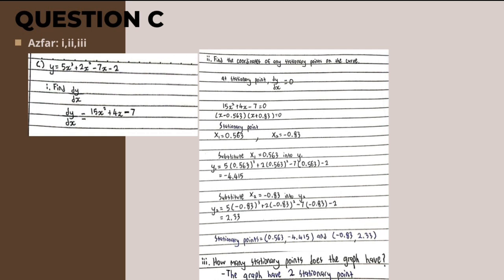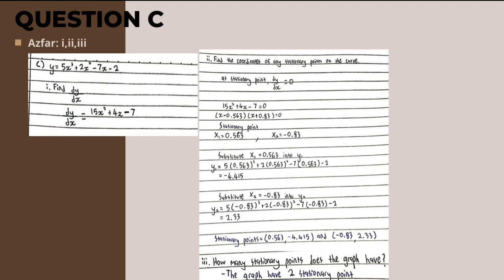second Roman, find the coordinates of any stationary points on the curve. At stationary point, dy/dx equals 0. So 15x power of 2 plus 4x minus 7 equals 0.